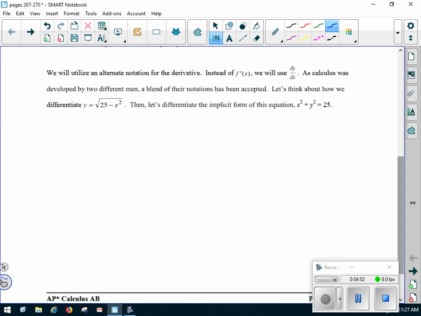We will use an alternate notation for the derivative. This is what we've been used to, f prime of x. Now we're going to use this. This notation right here is Leibniz's notation. This is Newton's notation.